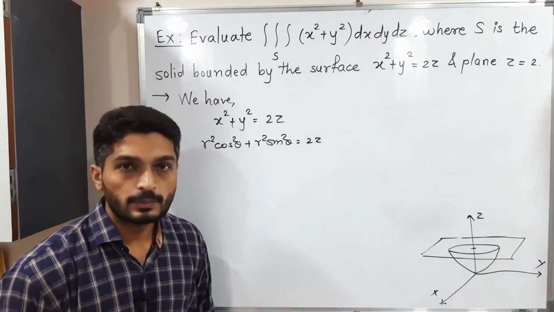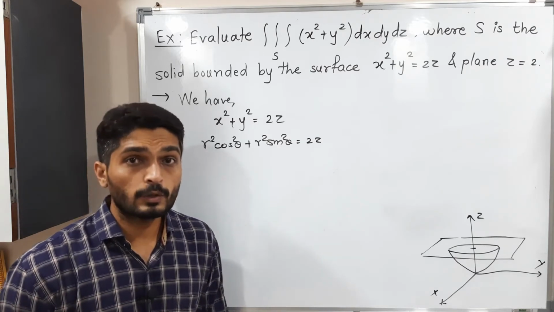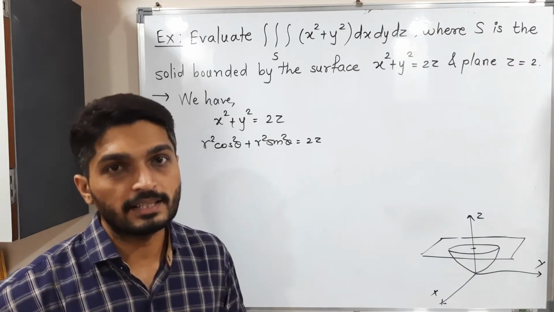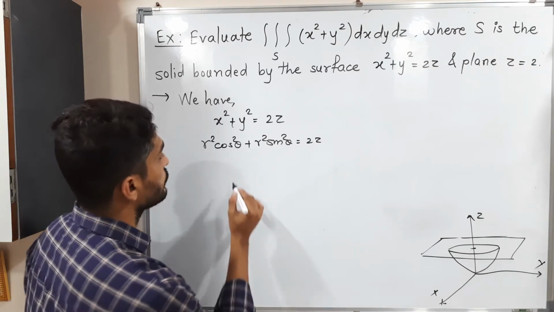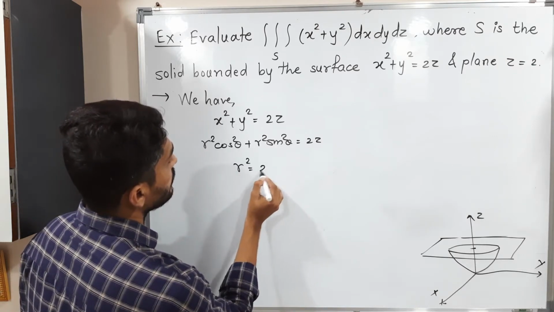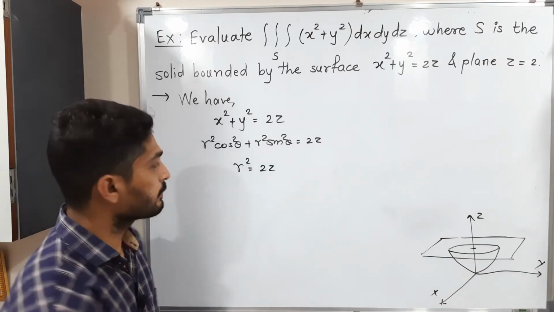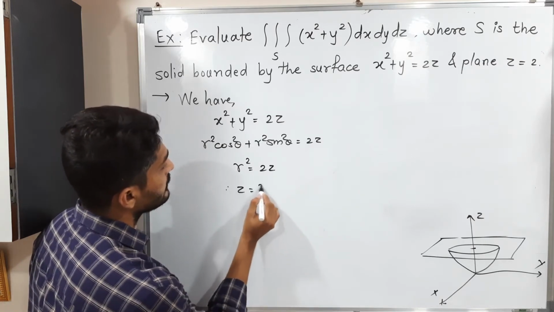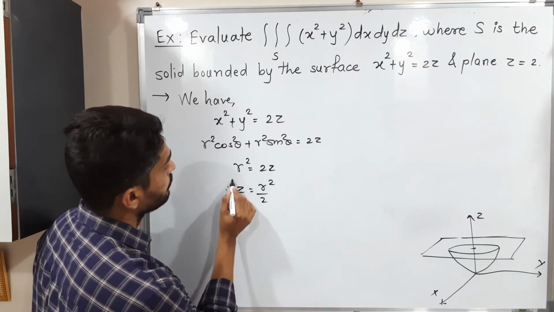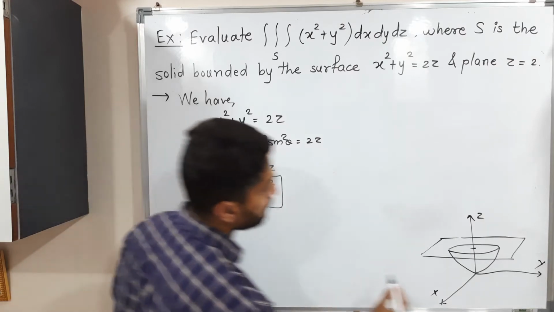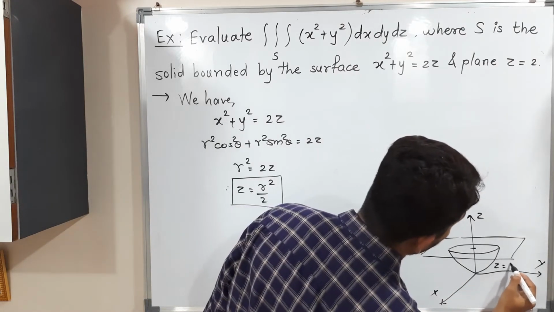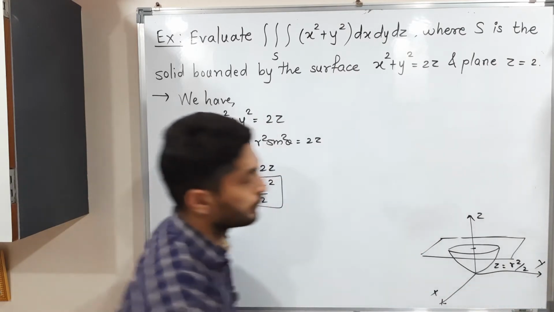Can I take r square common? Yes, if I take r square common, we will have cos square theta plus sin square theta, which is 1. So r square is equal to 2z, therefore z is equal to r square by 2. This is the equation of the paraboloid, z is equal to r square by 2.